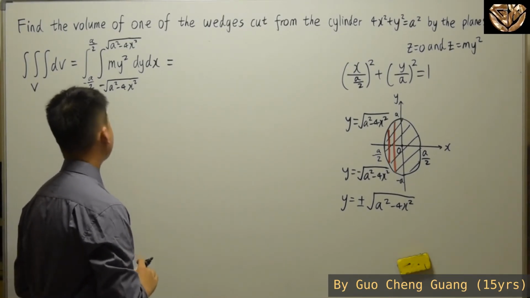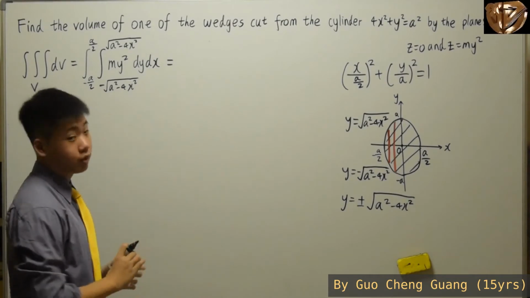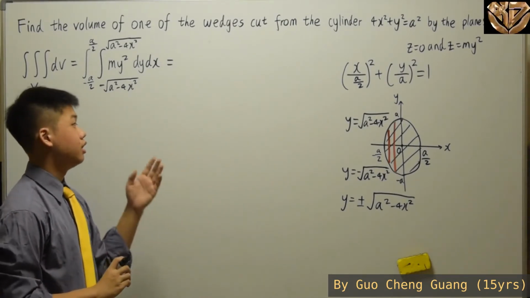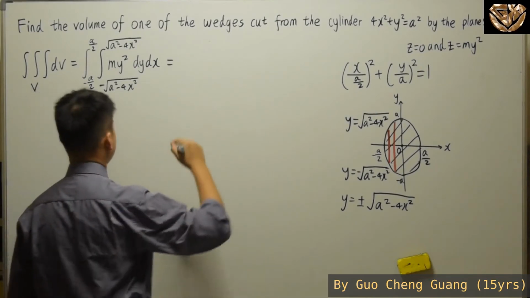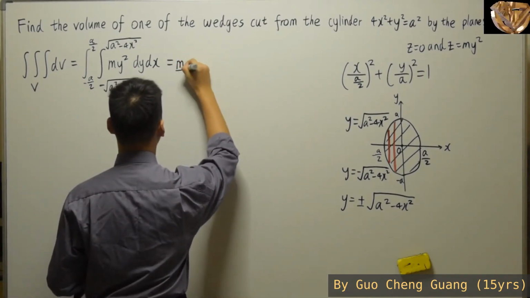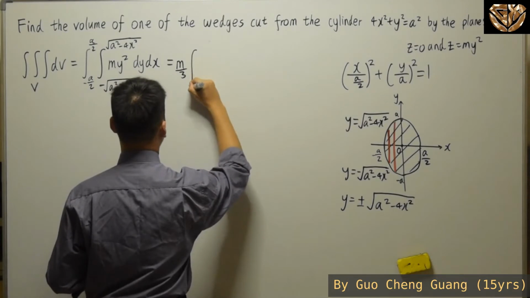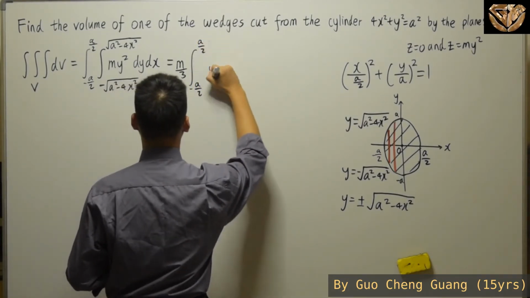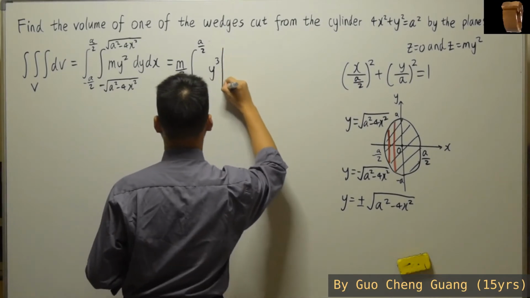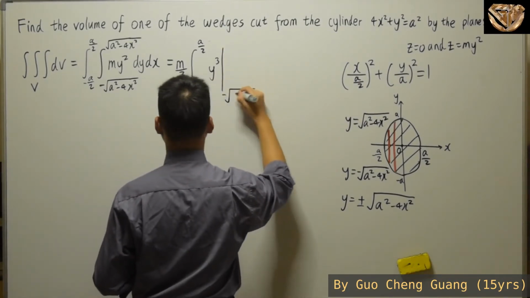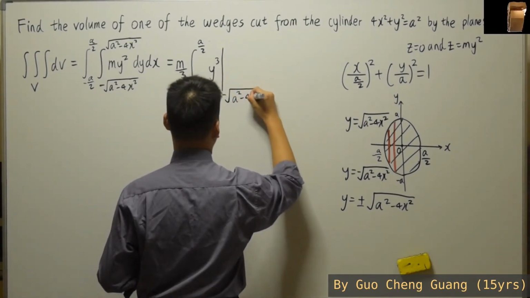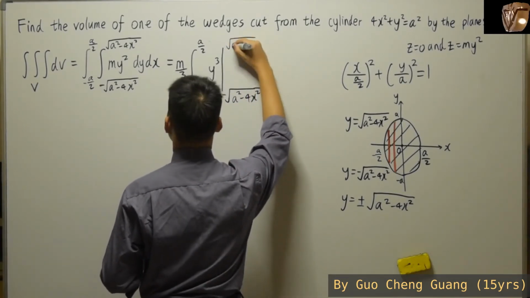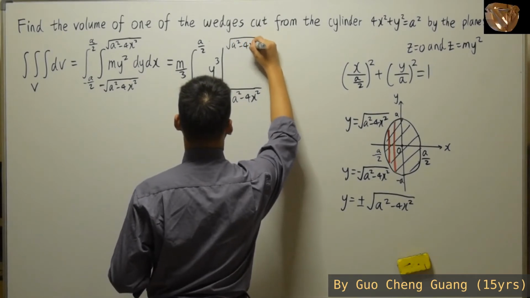Now, you just have to be aware when you're integrating with respect to y, m, you'll take it to be a constant. So you have m over 3 integrate from negative a over 2 to a over 2 y cubed, substitute in negative square root a square minus 4x square and square root a square minus 4x square.